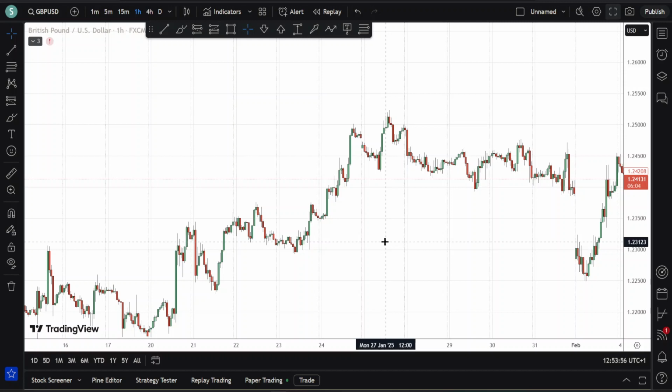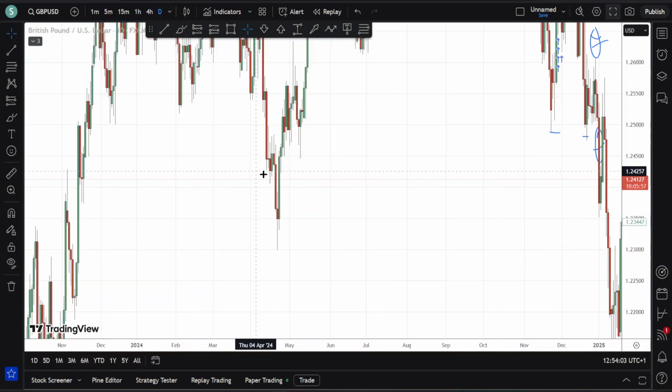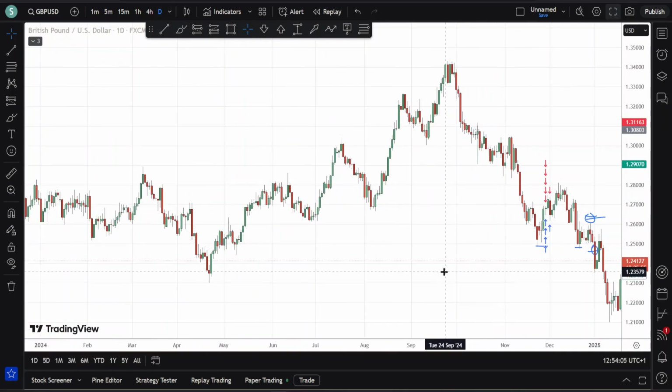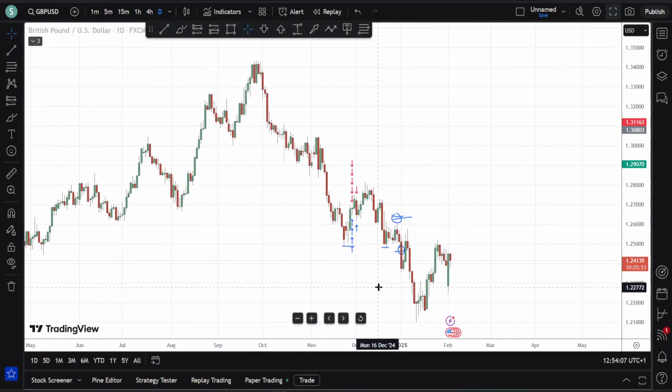Or something else, like in this example: daily chart for direction or levels, and H1 for the trade entry. I had some fun here.